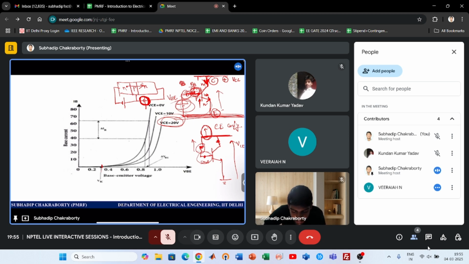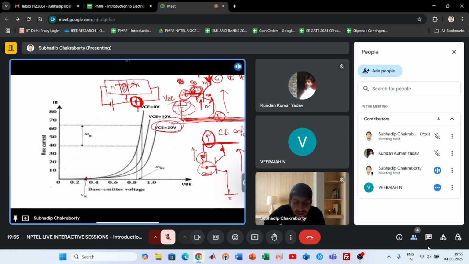Without giving them time to combine in the hole. So what will happen to the hole current or the base current? It will reduce. So effectively what happens is the base region actually shrinks due to the application of the reverse bias zone; the effective base region reduces.